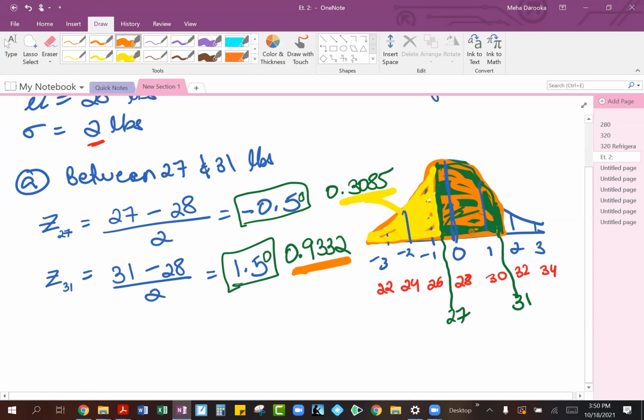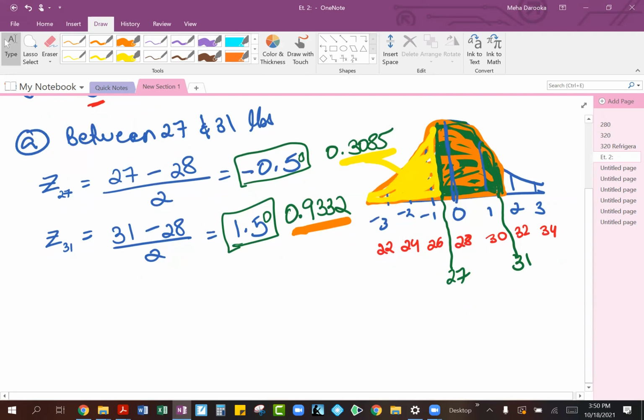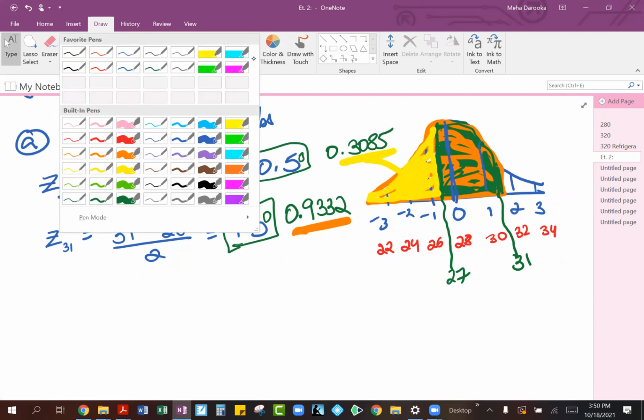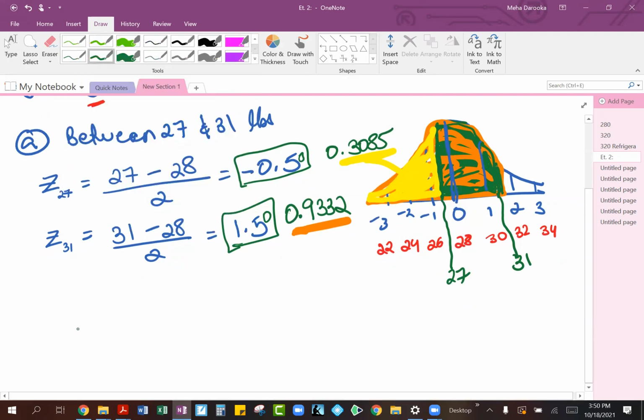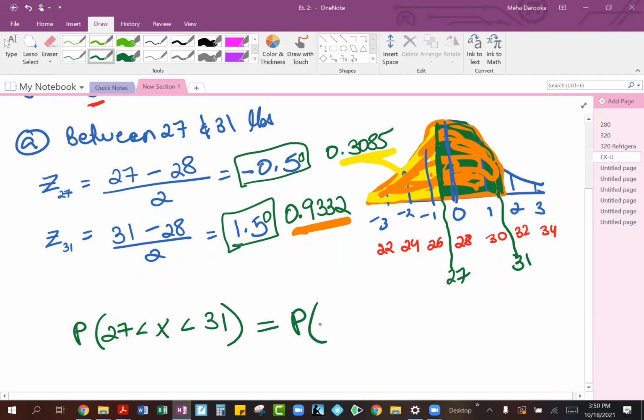So because the area that you are looking at is sandwiched between two numbers, to calculate your final area or probability, we would say, what's the probability that our X value is going to be between 27 and 31, which translates as what's our probability that it will be between negative 0.5 for our z-score and 1.5 for the other z-score.